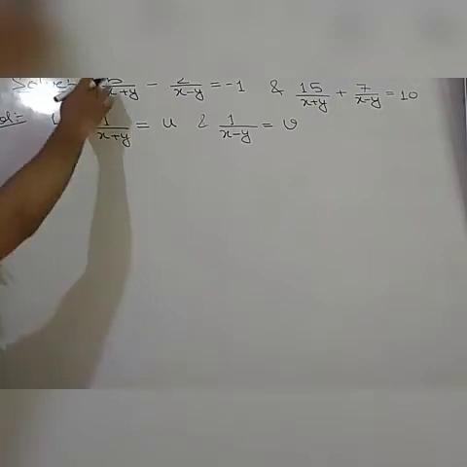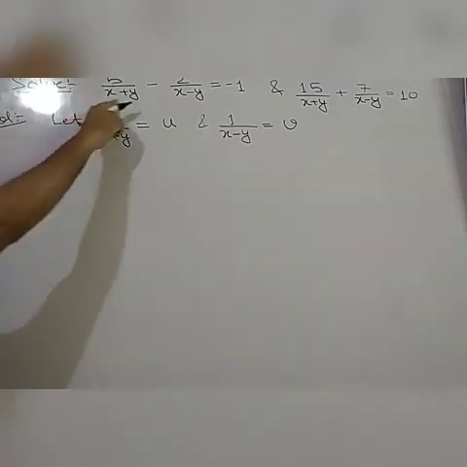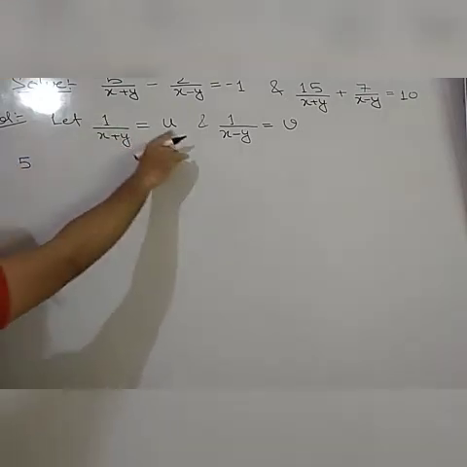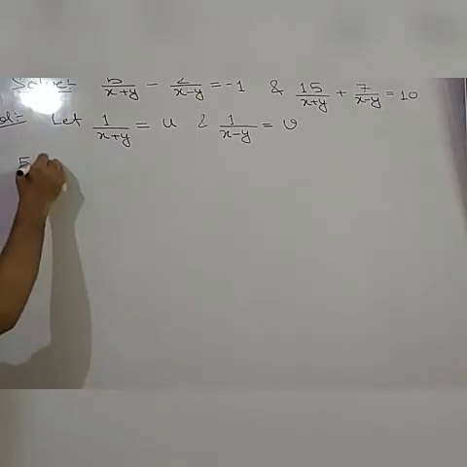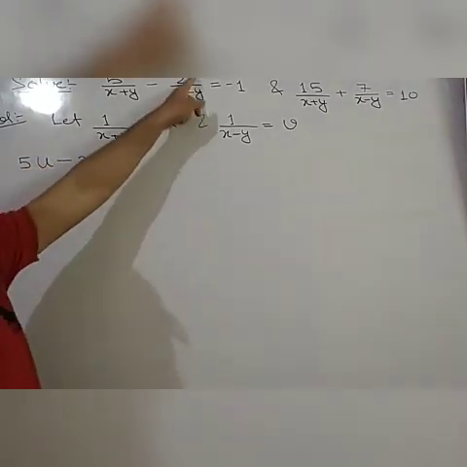So now the first equation can be written as 5 into 1 upon x plus y, and 1 upon x plus y can be written as u. So it will be 5u minus 2, and it is 1 upon x minus y.